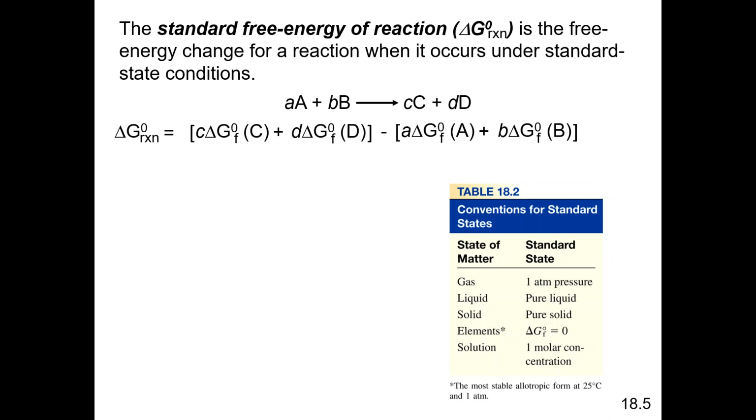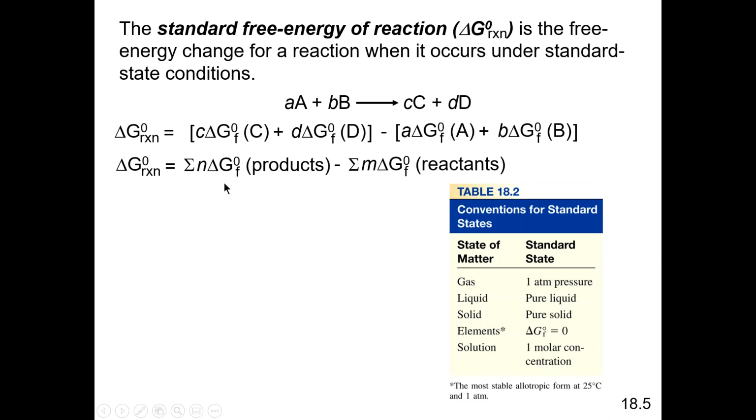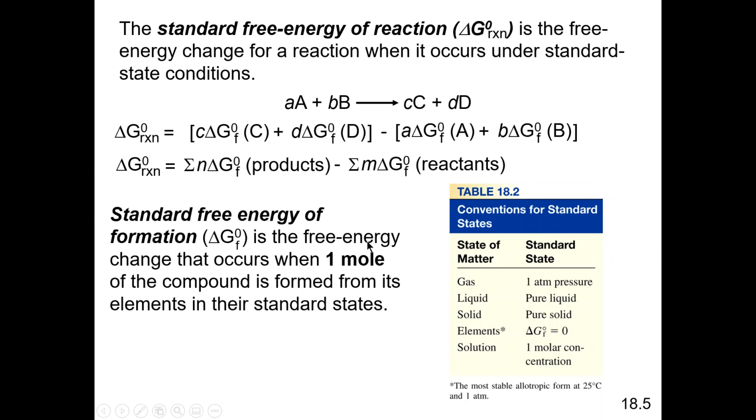And there are tables, of course, giving you the free energy of formation, which is what the definition here is telling you. It is the free energy change when 1 mole of a compound is formed from its elements in its standard state. It's similar to the standard enthalpy of formation that you would have learned about in General Chemistry 1.